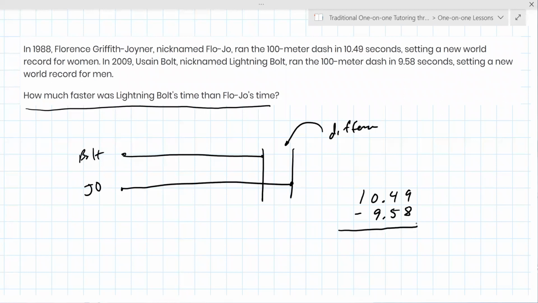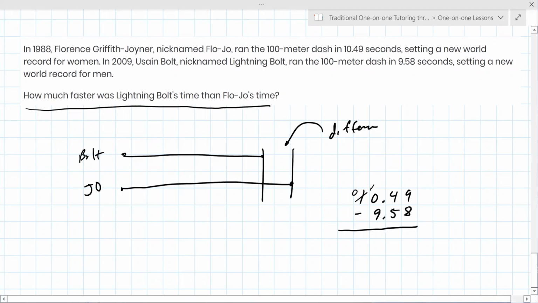You seem to get your uncertainties out. And then we're supposed to borrow from the 1, right? Because the 0 doesn't have anything. That's right. And this turns into the 0. The 0 becomes 10, and then when you borrow from the 10, it becomes a 9, and the 1 goes above the 4.